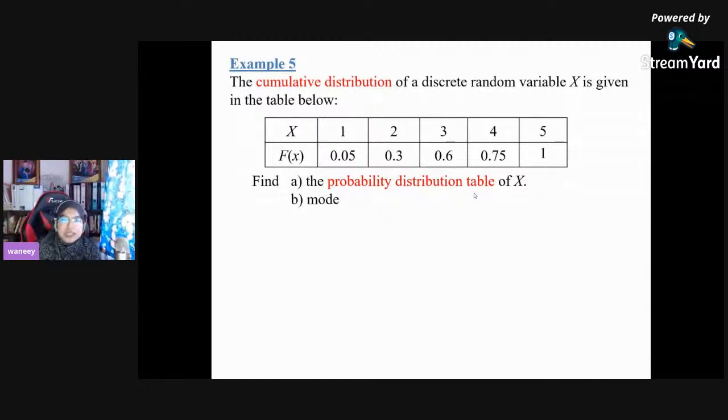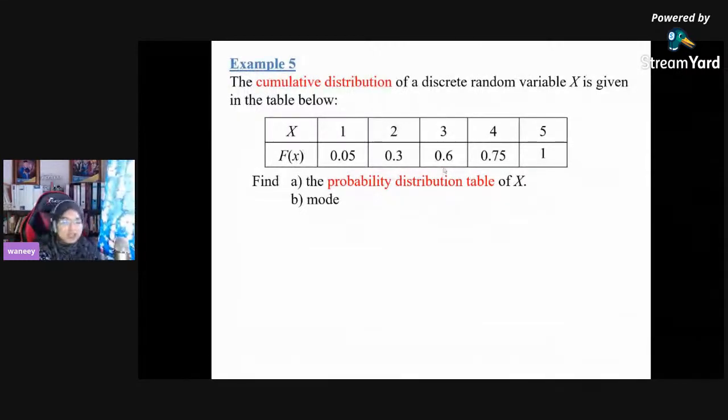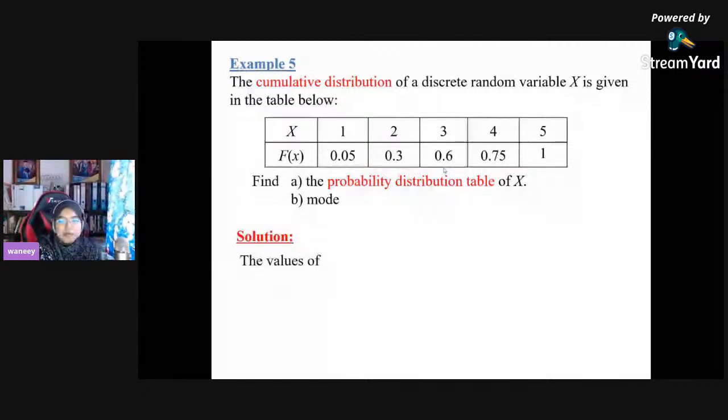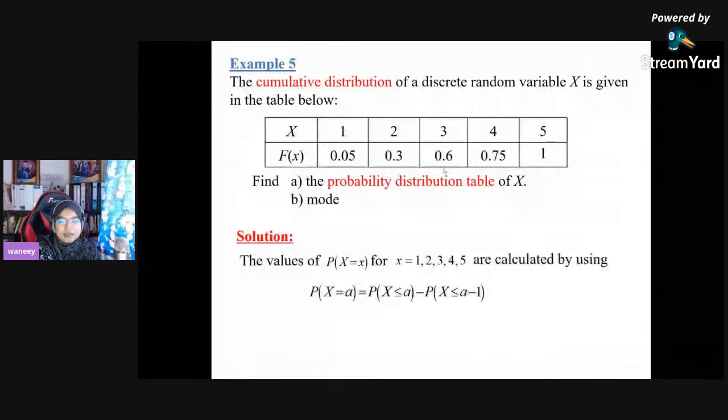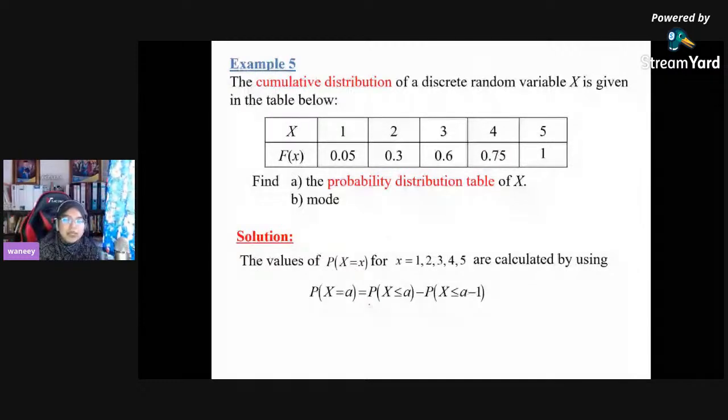Okay, so how to get the probability distribution table? It is actually almost similar to what we have in the data. We simply minus everything altogether. So let us see how to do that. Okay, so the value for P(X = x) for x equal to 1, 2, 3, 4, and 5 are calculated with P(X = a) is simply equal to the probability for x less than or equal to a minus the number before that.